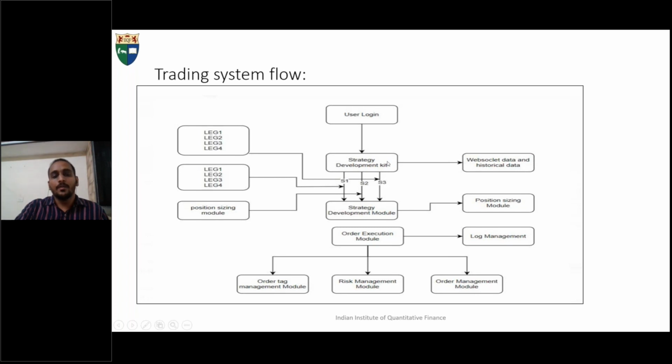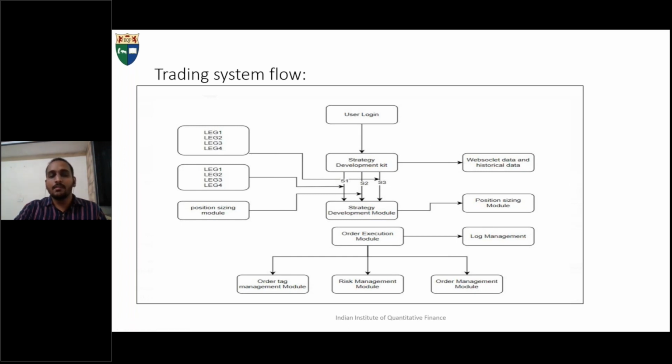And in order to make this strategy live, we need WebSocket data and probably historical data. If the algorithm is an intraday algorithm with a price action based strategy, then we won't require the historical data. But if we aim to develop a system which consists of indicators, then in order to get the backdated data and live data for indicator calculation, we require a combination of historical data as well as live data.